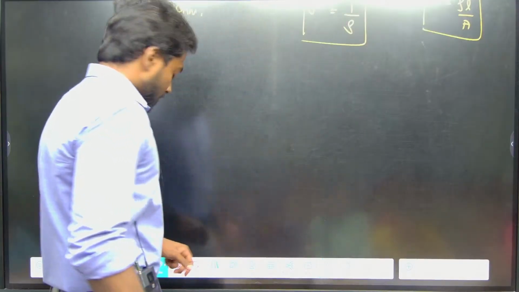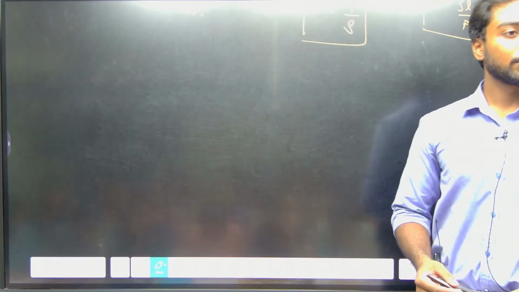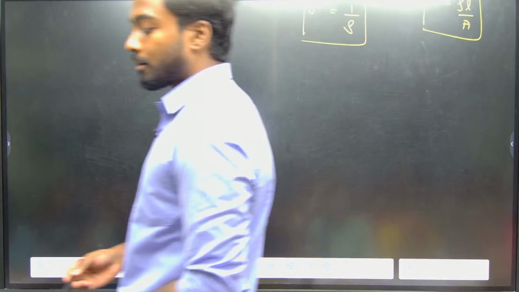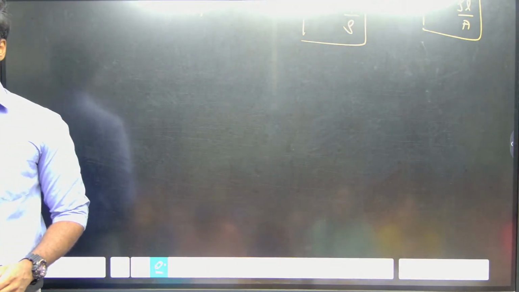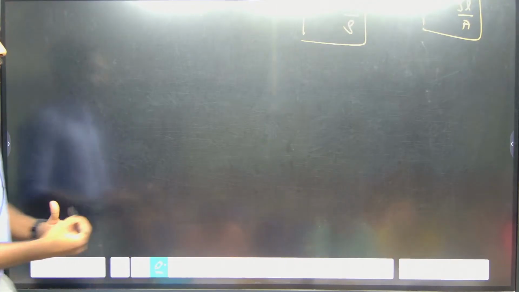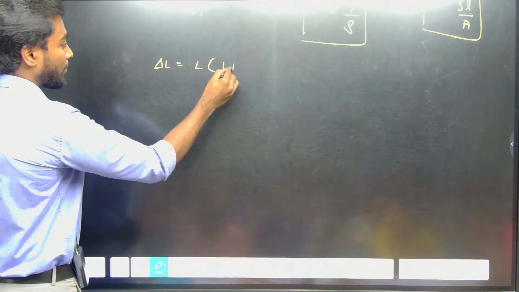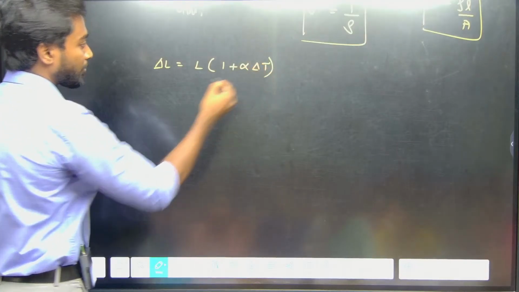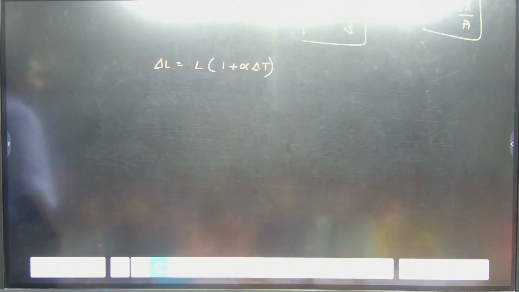So what was the formula we learned in thermal properties of matter for linear expansion? Delta L is equal to L times (1 plus alpha delta T). Do you remember the formula? So I can relate the same formula here.